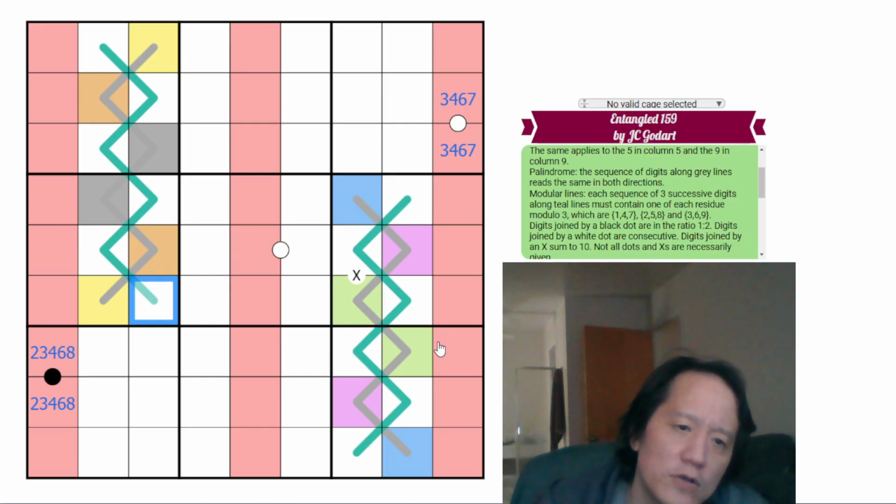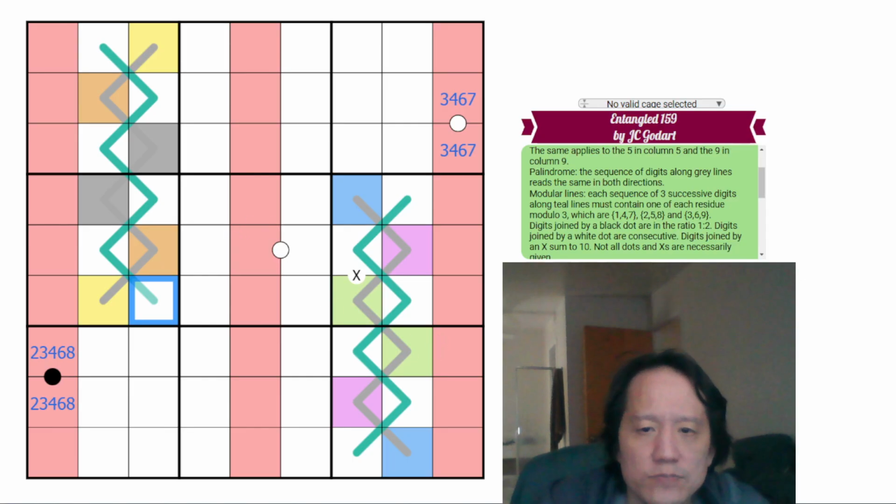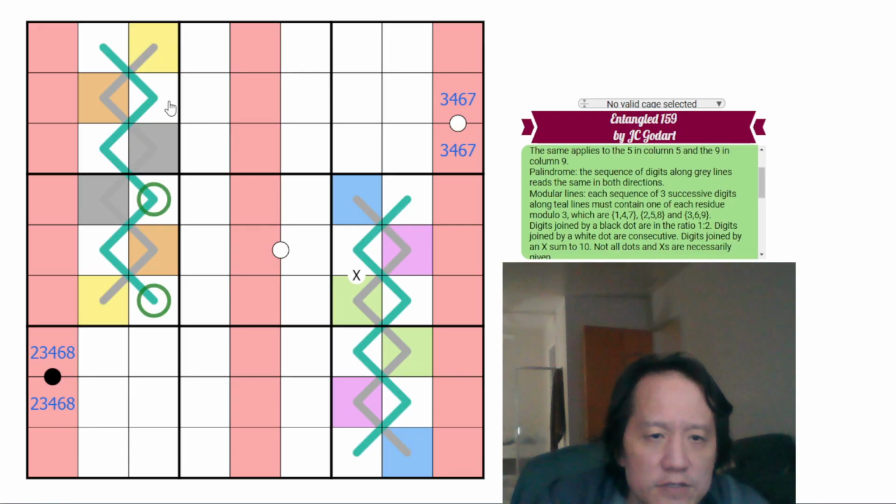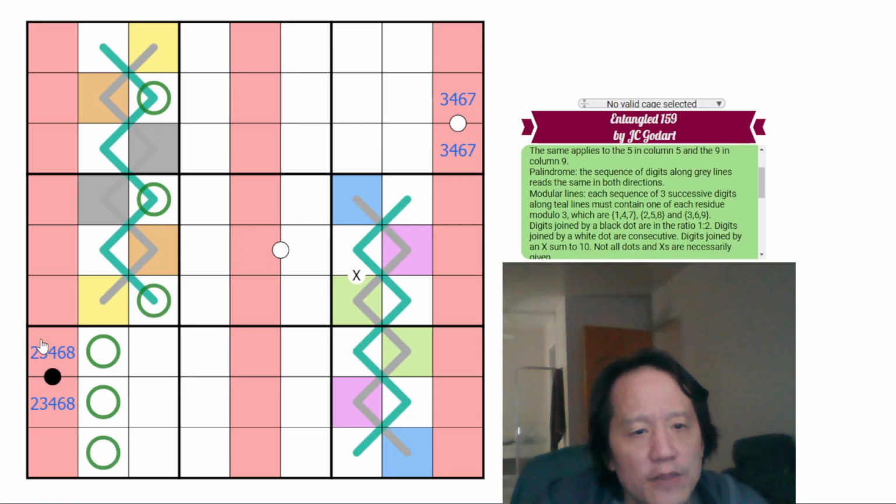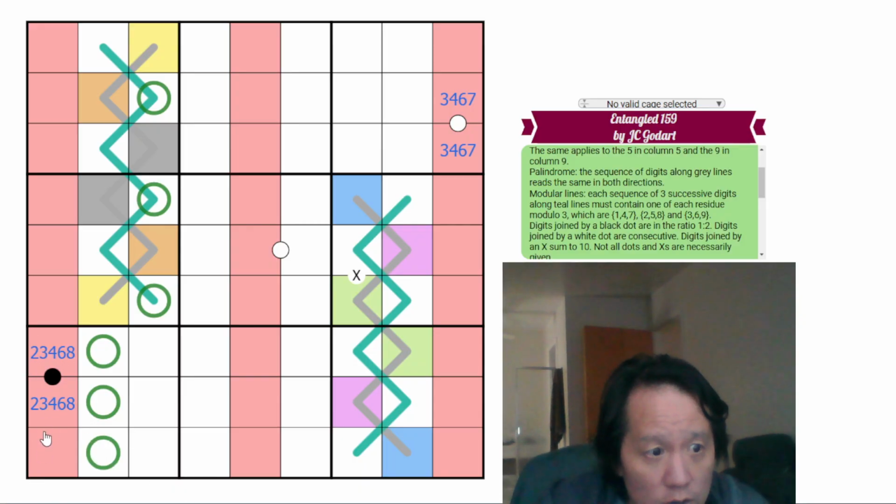Interesting. Hmm. What we know is these 3 cells have to be the same as these 3, right? These are all accounted for, and these specifically are not in this row, so they all have to be these 3 because there's 3 of them, and where else can it be?